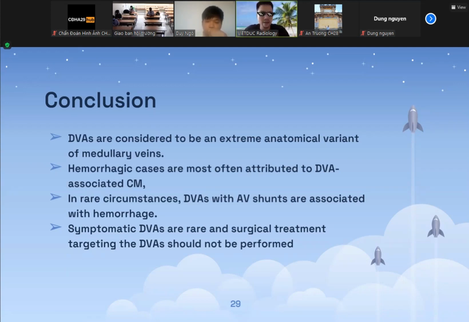And the last phrase in this conclusion is very important: surgical treatment should not be performed in case of DVA only, because it can cause venous infarction, right? The venous infarction.